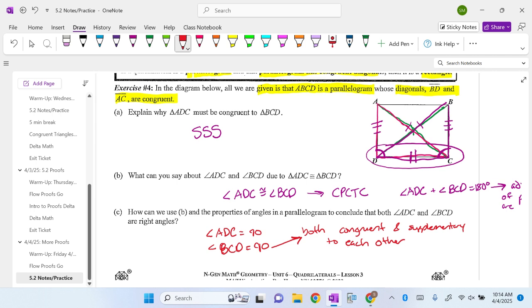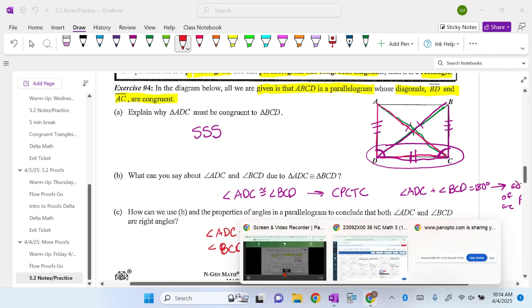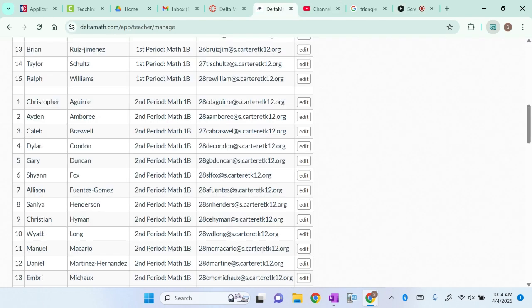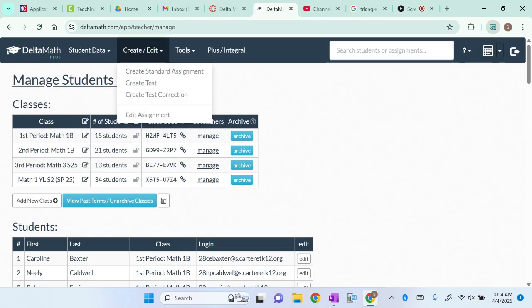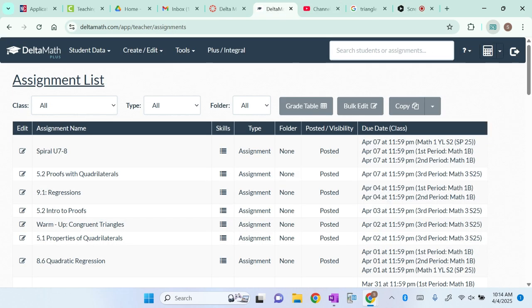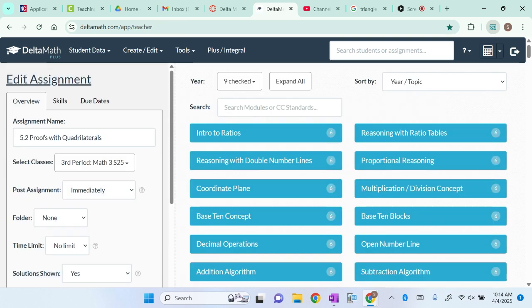All right. So I know that was a lot and it probably just went straight over your head, but we're going to at least try to do some of this Delta Math, the new one. I just want to get you started on it. So look at the new one that says proofs with quadrilaterals. There's a couple of single problems we're going to do together.